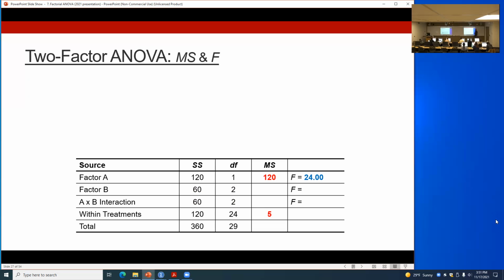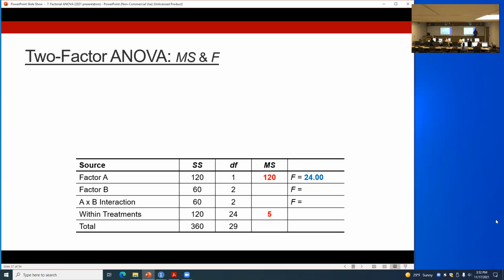Not your interaction. My F test, right? Again, thinking about F as being a ratio of the differences that I'm seeing across, divided by the differences that I'm seeing within, so the variability across my groups versus my variability within. This within is my guesstimate: if everything's completely random and there is no effect of A or B or any interaction, then the differences that I would see across my levels is about what I would see within my levels.